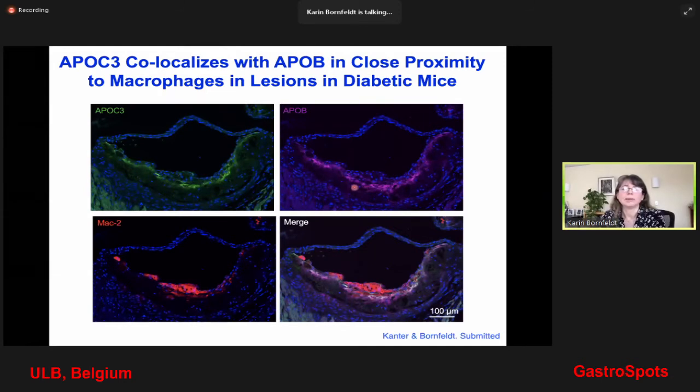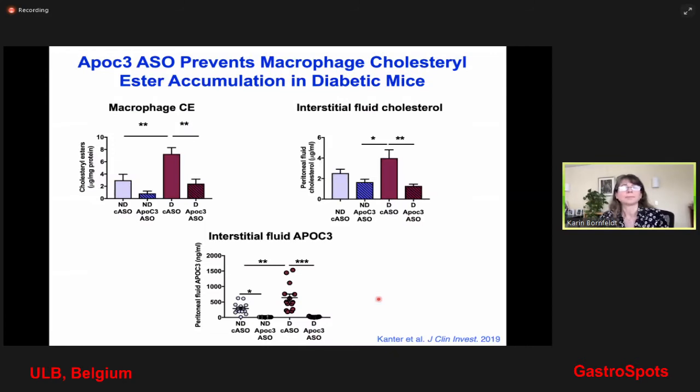You can see that there is a close overlap between these two stains. And then macrophages shown in red here. So in these lesions, ApoC3 and ApoB co-localize just below where the macrophages are accumulating in these lesions.